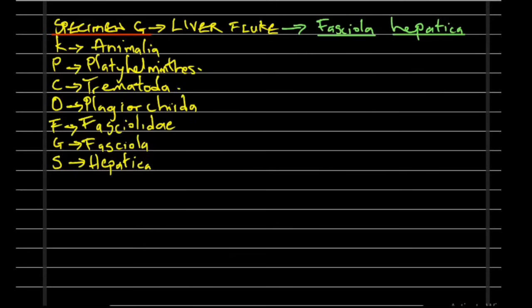So what is this liver fluke? Liver fluke is a flatworm. It is a Platyhelminthes, like we said earlier on. It is a flatworm and an endoparasite, meaning it survives inside a host.